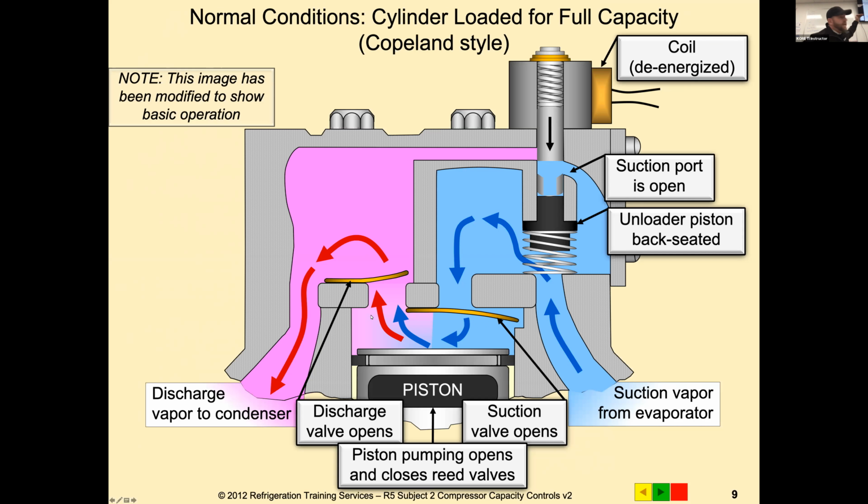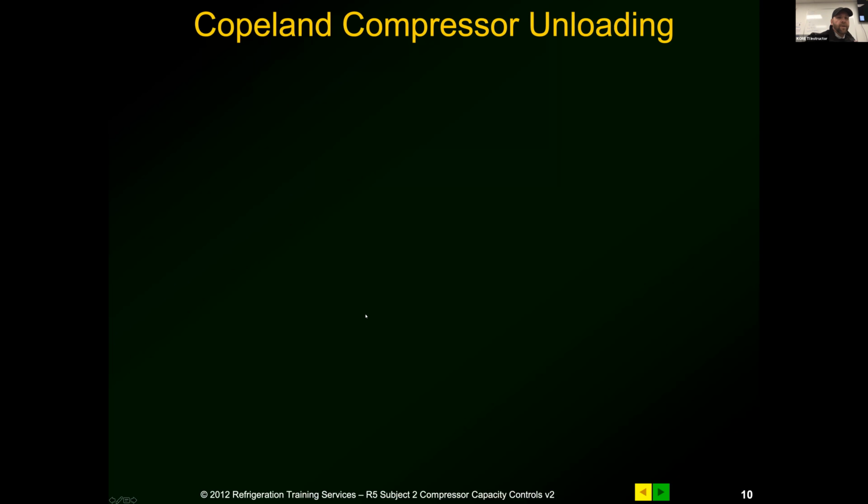It's because the integrity of that reed has either broken or for whatever reason is not seating, and you're getting hot discharge gas in the other side, into the suction line, okay? So from that reed to the bottom right there of that casing, that's your cylinder wall. So the piston's only gonna get clear to about there. So you have all this area right here, discharge gas still in that cylinder for the downstroke.